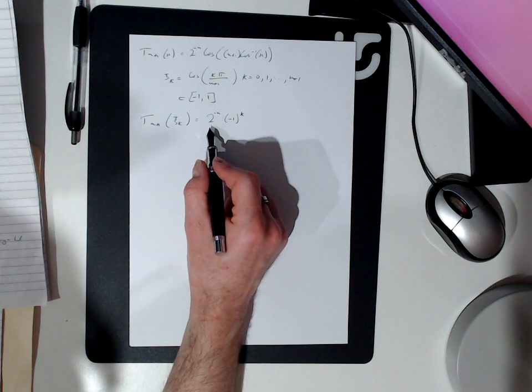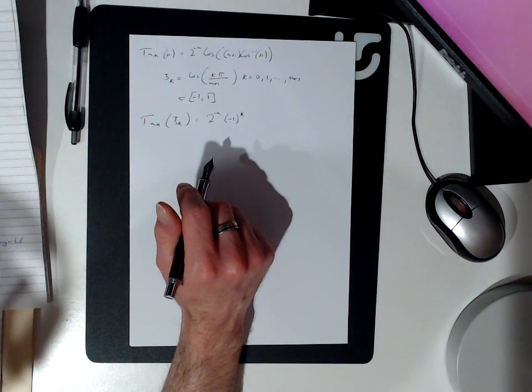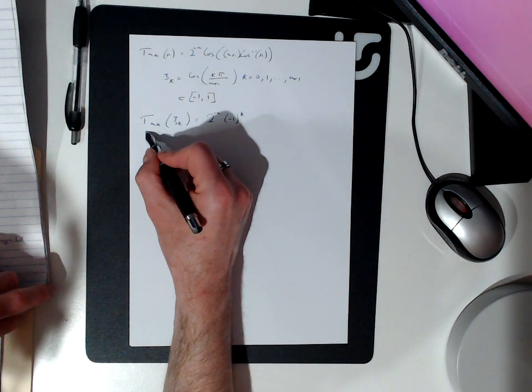So it oscillates backwards and forwards with deviation 2^(-n). So as n goes up, our deviation gets better, and we get a better approximation to 0. Great.